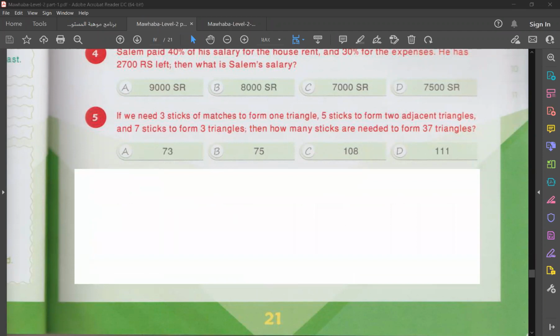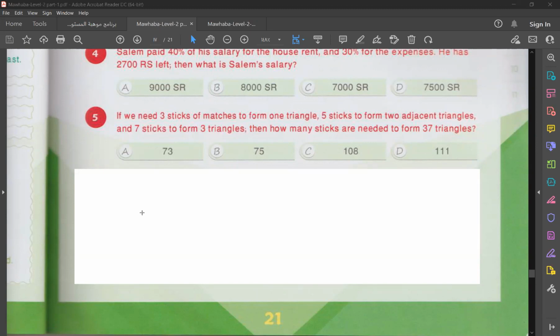If we need 3 sticks of matches to form one triangle, 5 sticks to form 2 adjacent triangles, and 7 sticks to form 3 triangles, then how many sticks are needed to form 37 triangles? What do you think? I give you a small idea.